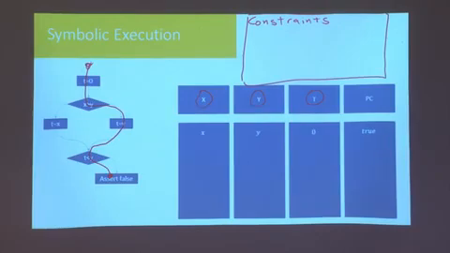So in this case, when we start down this path, we get to t equals 0. So our state is x, y, and 0. And so far, we have no constraints because we didn't have any constraint in the beginning. So now we're going to take this branch.